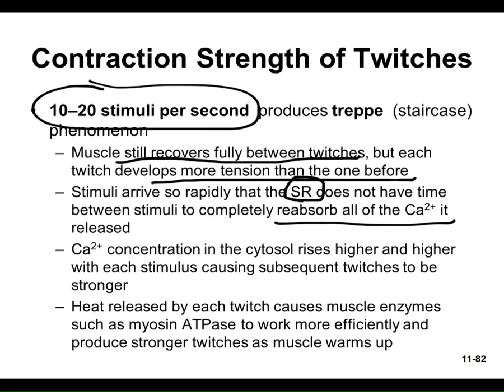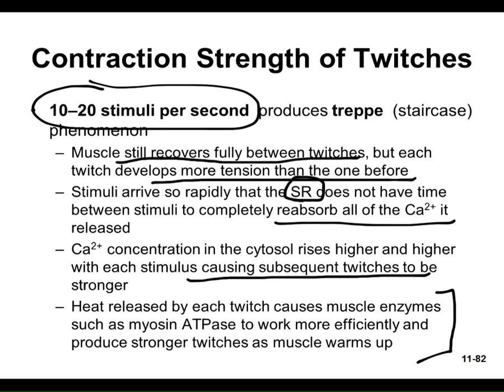So if I'm not reabsorbing all the calcium, then what's going to keep happening? Each twitch is going to get a little bit stronger. It's going to maintain a stronger amount of contraction. And also, the more you're using a muscle, the more it's warming up. So as you warm up a muscle, the power of that muscle will increase.